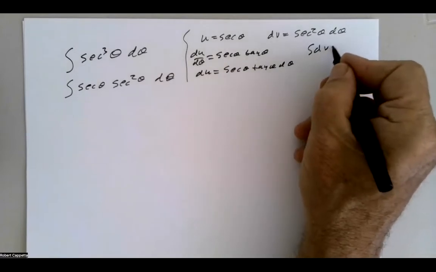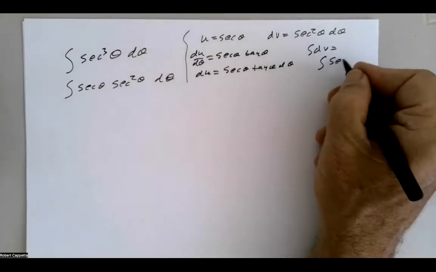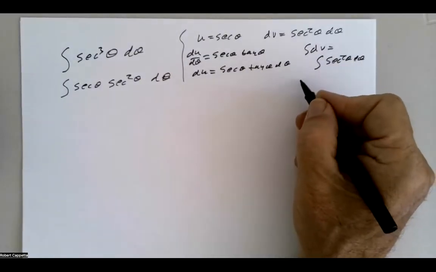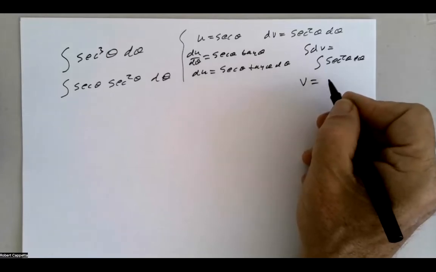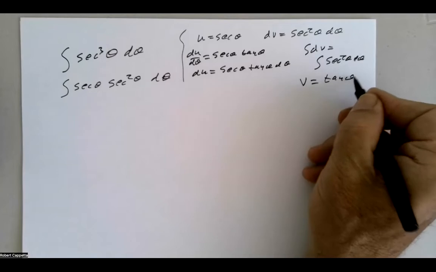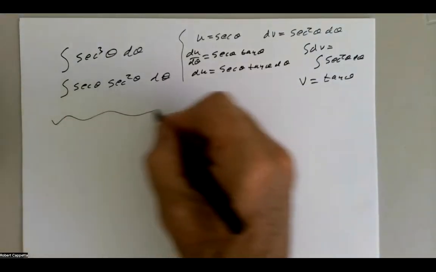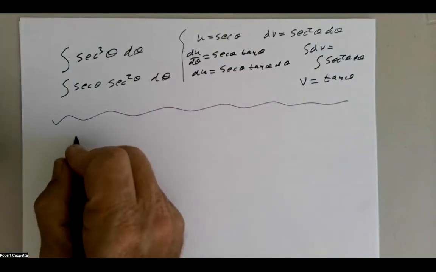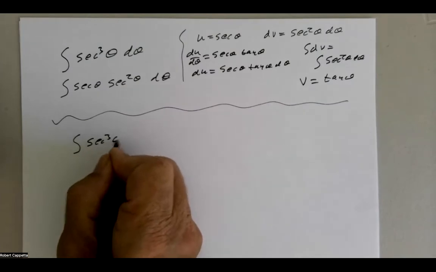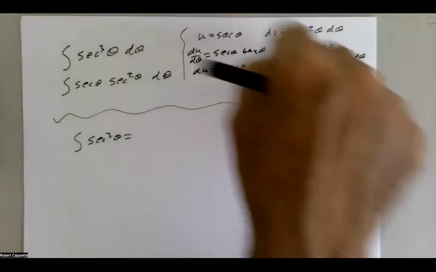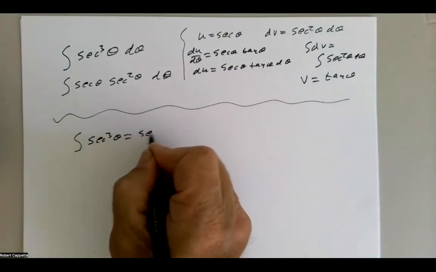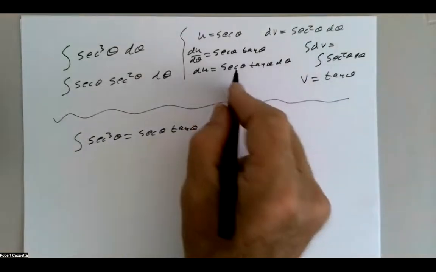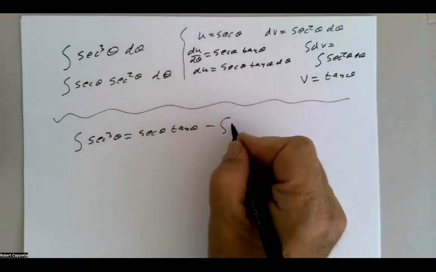The integral of secant squared is just tangent, so v is tan theta. So where are we now? We have the integral of secant cubed theta equals uv, sec theta tan theta, minus the integral of v du, which is sec theta tan squared theta.